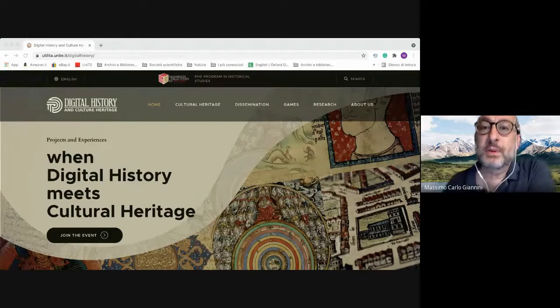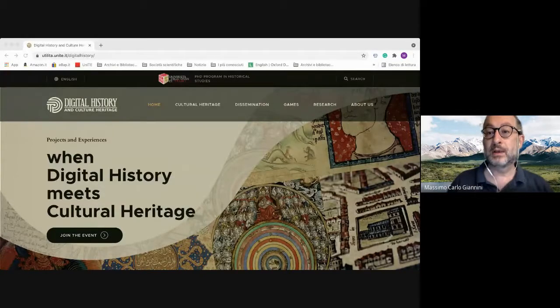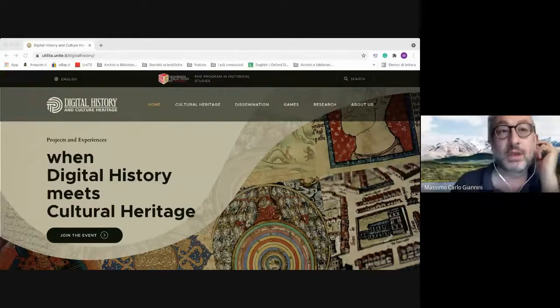Of course, this portal aims to promote the encounter between high-quality research experiences and the wider public through all digital tools.